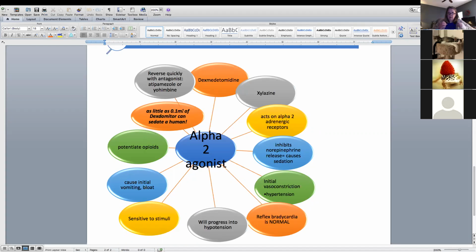But why would a company make a second drug that does the exact same thing as the first drug? Diazepam is your gold standard, been around forever. When they came out with midazolam, does it do very similar things to diazepam? Yes. But what were the key differences?